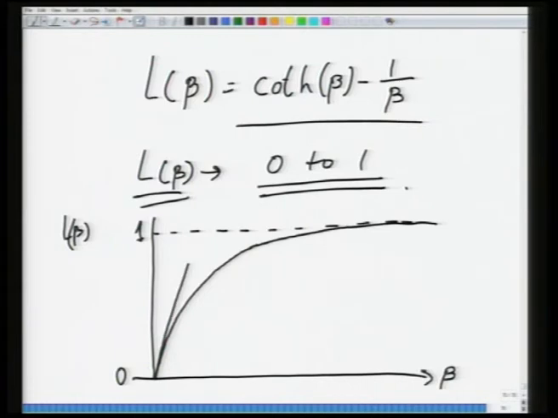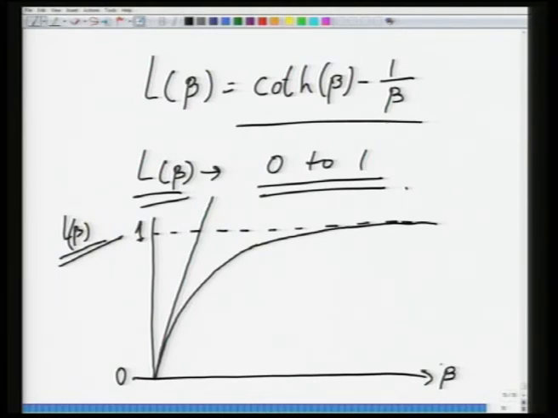The slope at lower values of beta, which gives rise to what is called the asymptotic value, is 1 by 3. This L(beta) in the end signifies the dipole moment.